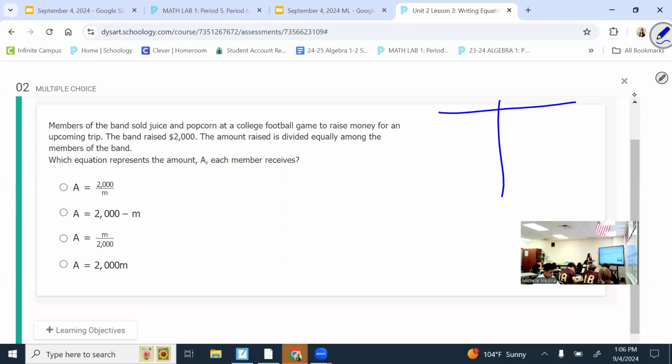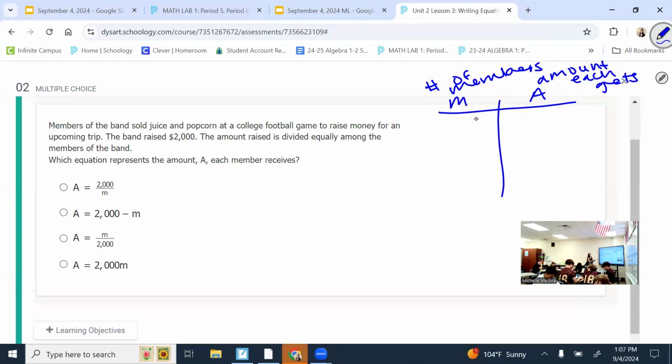What's independent is my members of the band, my number of members, because we don't know what that is, that sounds like it could vary. And A being the amount each person gets. We know that they are splitting $2,000 equally among them.